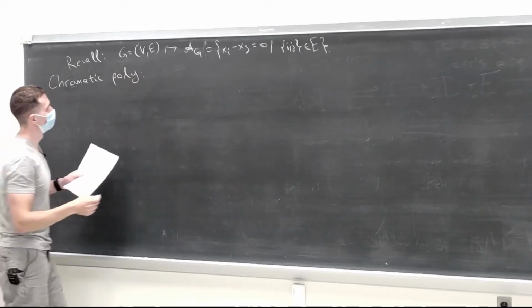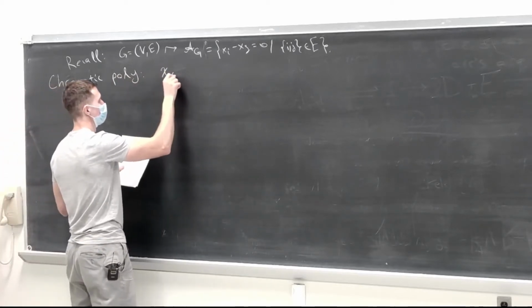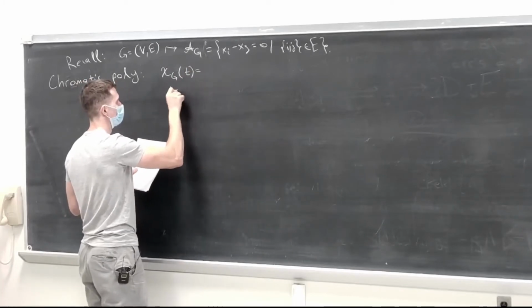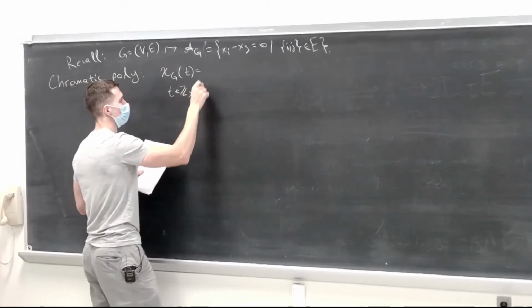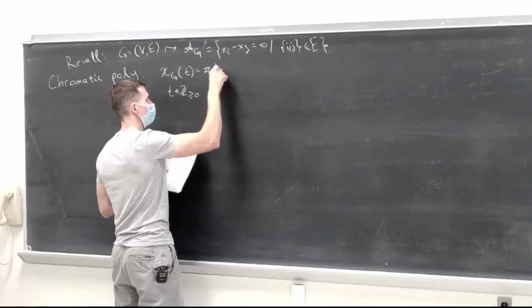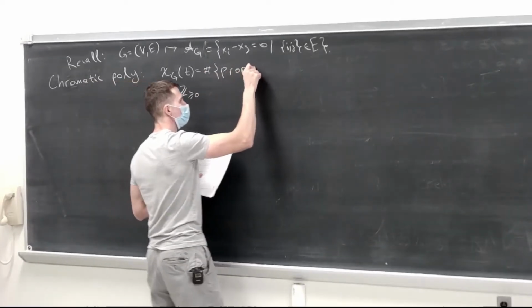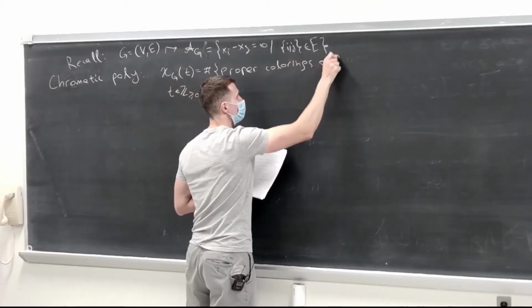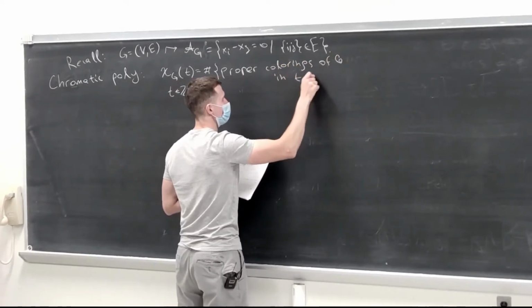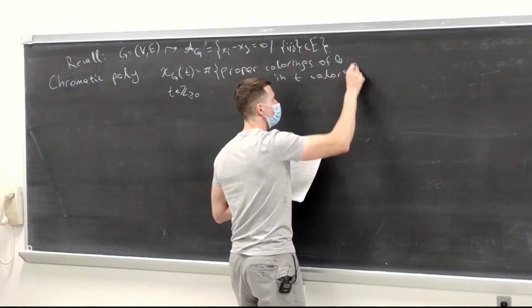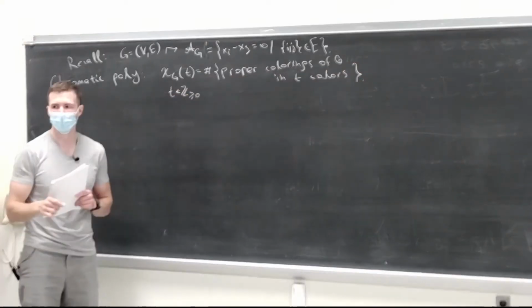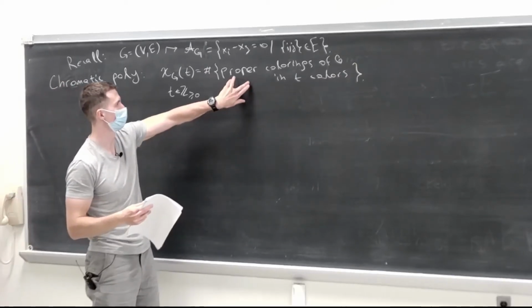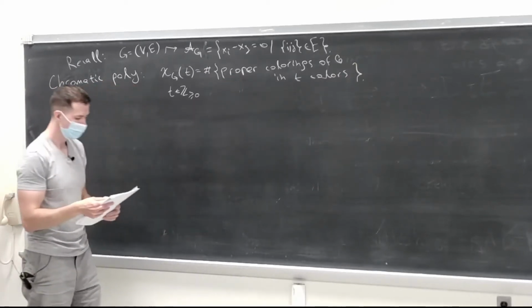of your graph, which is, by definition, χ_G(t), for t an integer, the number of proper colorings of G in t colors, where proper means if you have an edge, then the two colors at the endpoints should be different.